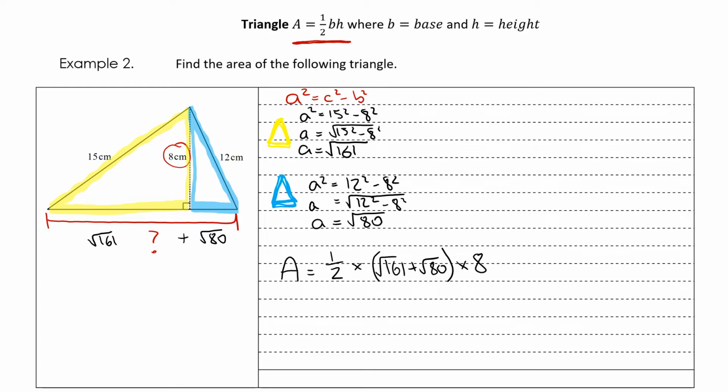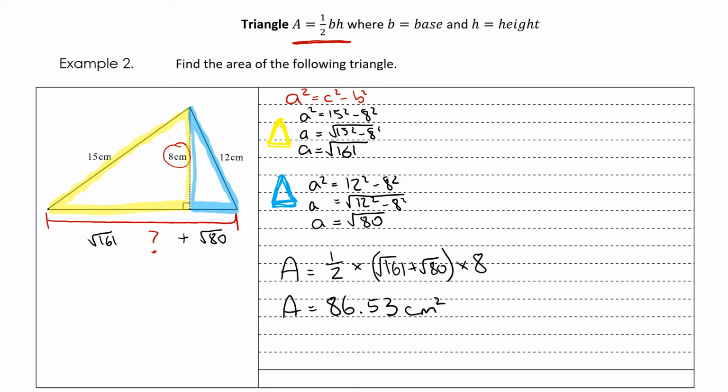Otherwise, my answer could easily be off by a few decimal places. Now it's time to put all that in the calculator. And we get the area equals 86.53 centimeters squared.